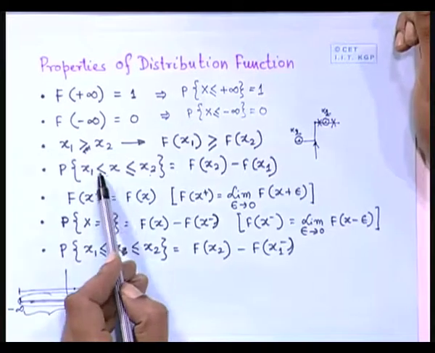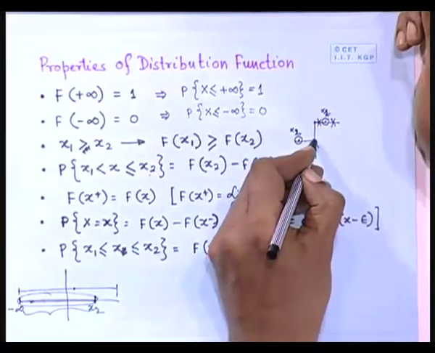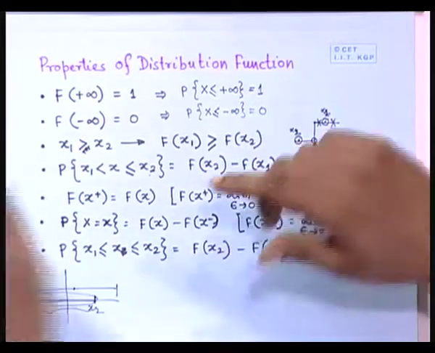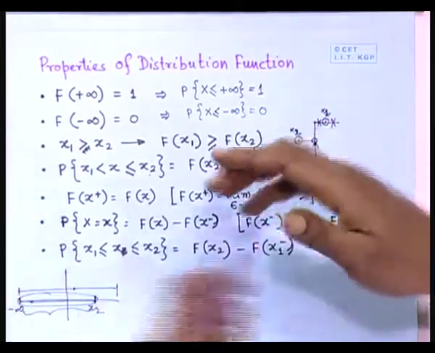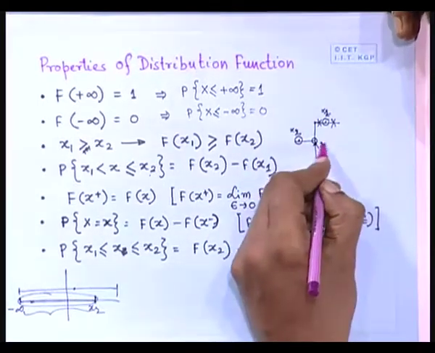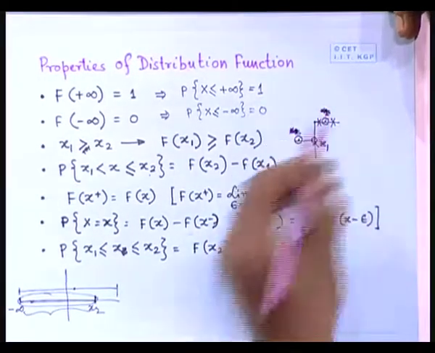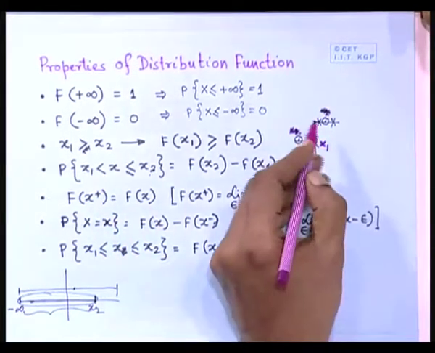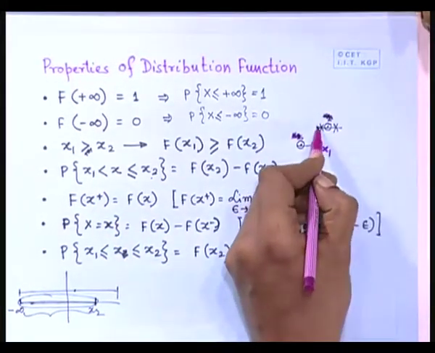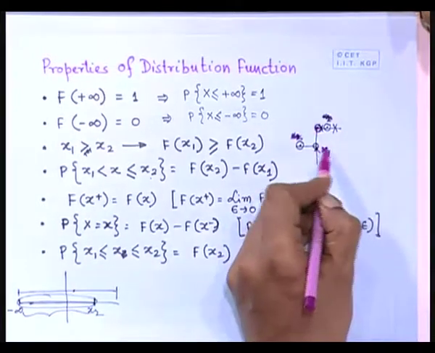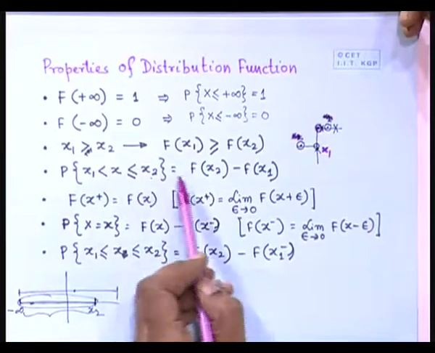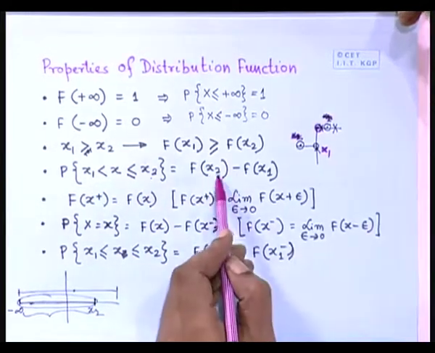So x greater than x1 and less than or equal to x2 means that it just starts from after x1 and is less than or equal to x2, that will be f of x2 minus f of x1.